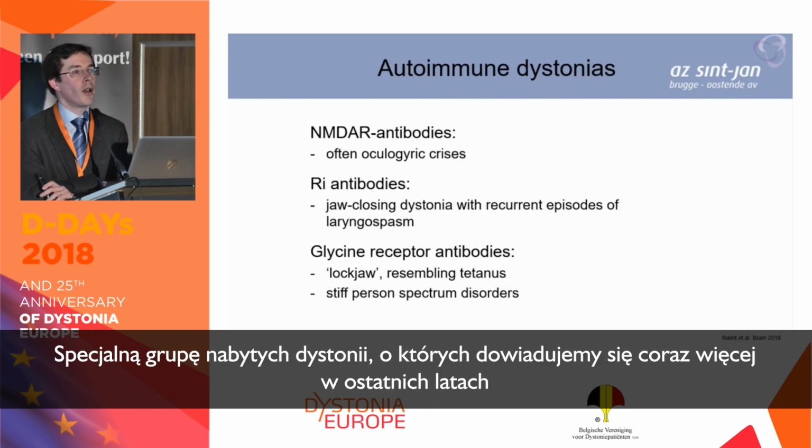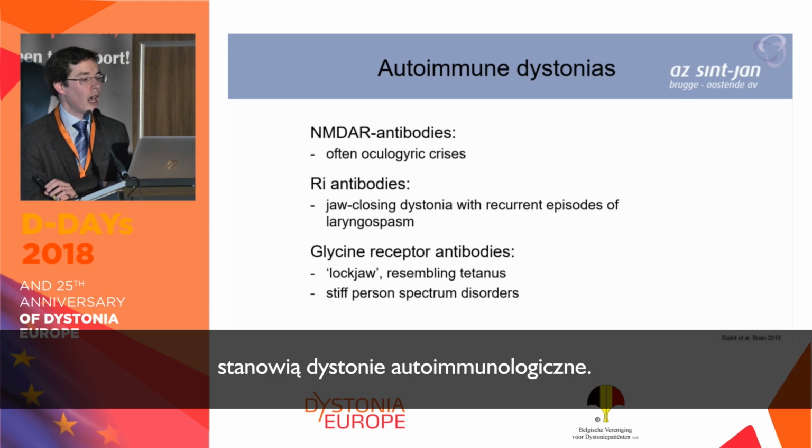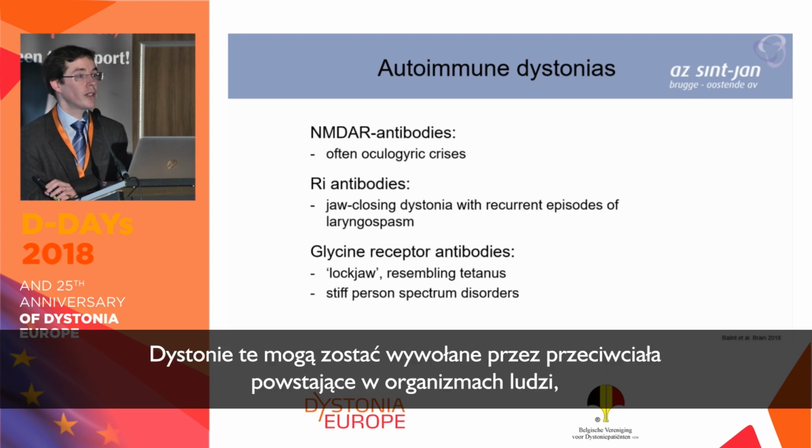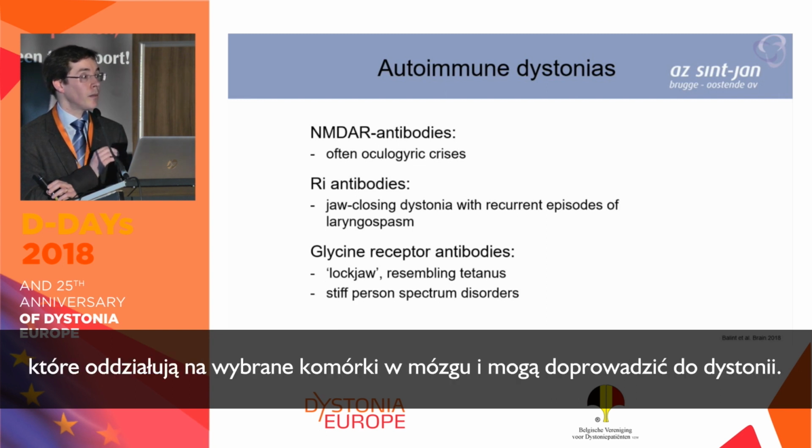A special group of acquired dystonias that we have gained more and more insights into in recent years are autoimmune dystonias. These dystonias can be caused by antibodies that people develop, and these antibodies react with certain cells in the brain and will then give rise to dystonia.